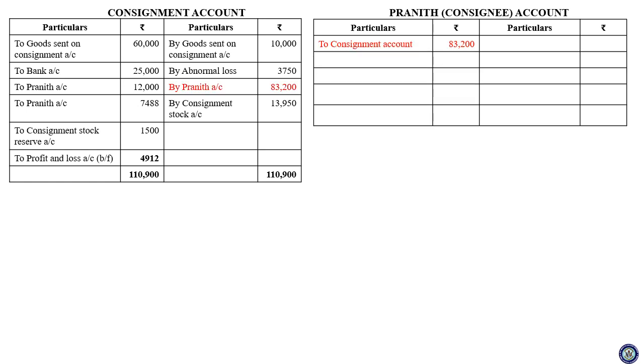The first one, to consignment account, that is sales. I think you are very familiar with the consignment account because you solved 3 problems on that. This is the third problem. Next, on the debit side of the consignment account you have twice debited the consignee's account, which means you have to credit the consignment account twice in the consignee's account. The first one is by consignment, that is expenses, and the second one is the total commission.